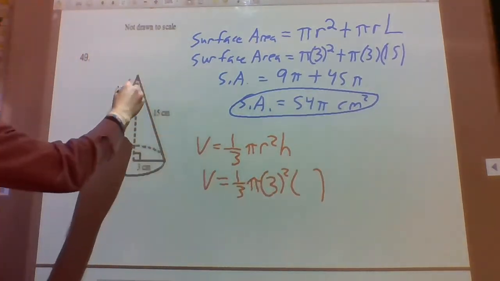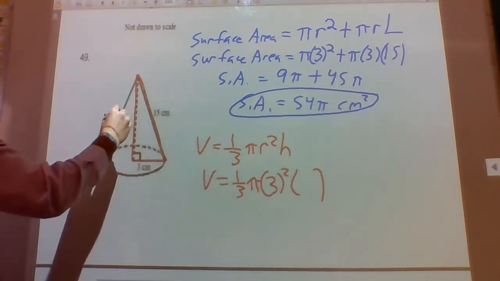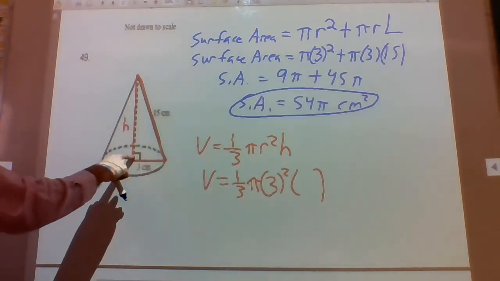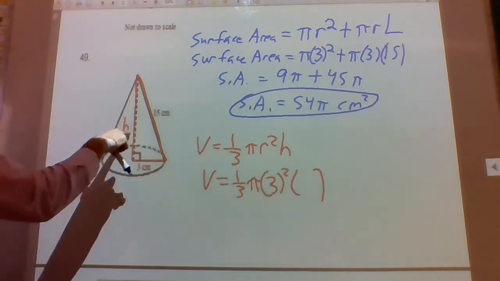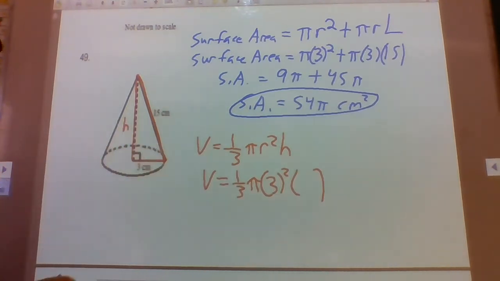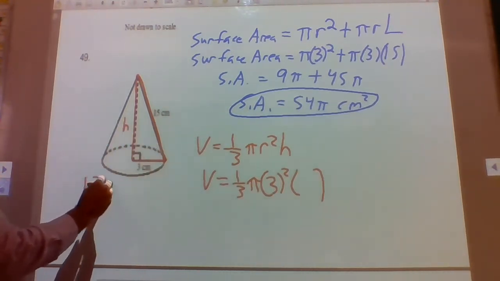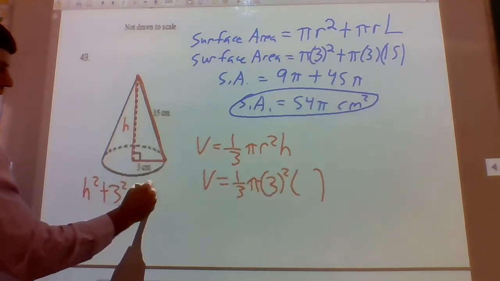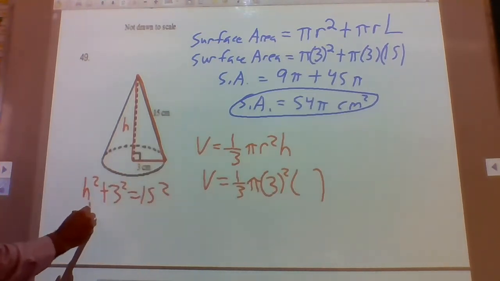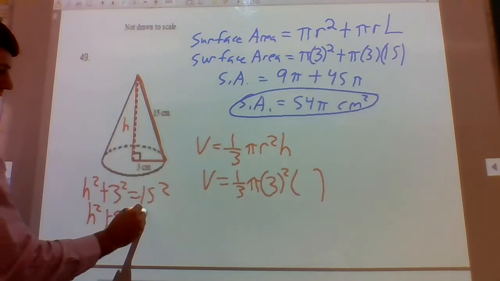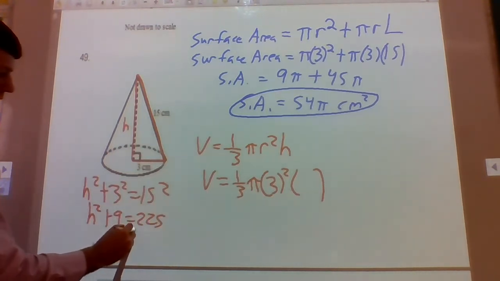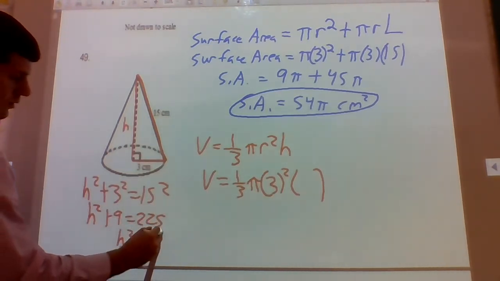Here we have a right triangle, and this is our h. We have the hypotenuse and two legs, and we have two sides of a right triangle. We're trying to find the third side. So h squared plus 3 squared equals 15 squared. That's h squared plus 9 equals 225, so h squared is going to equal 216.